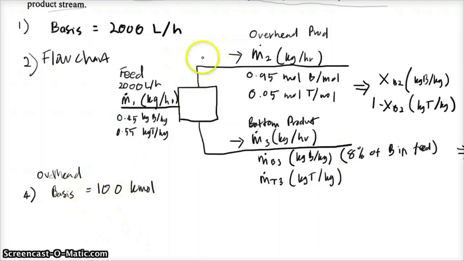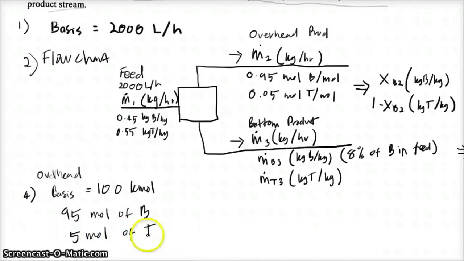So if 100 kilomoles of overhead product goes here, it's basically 95 kilomole of benzene and 5 kilomole of toluene.